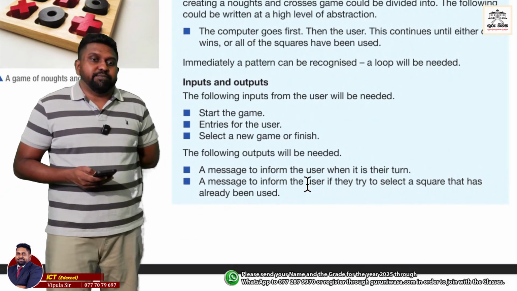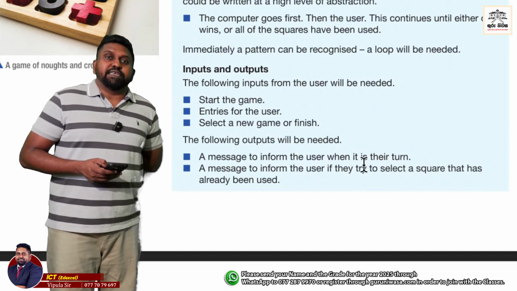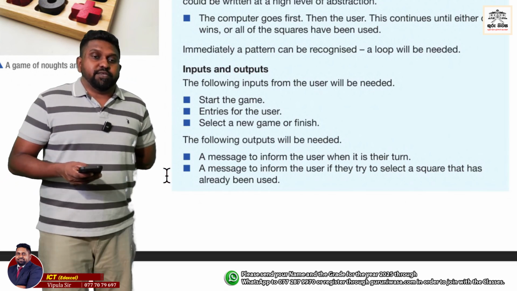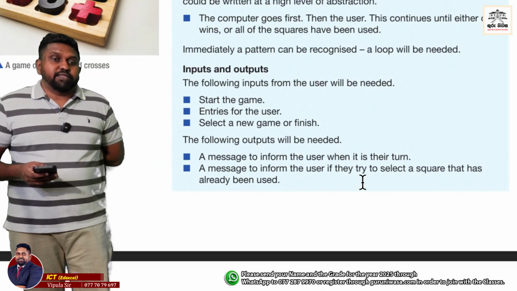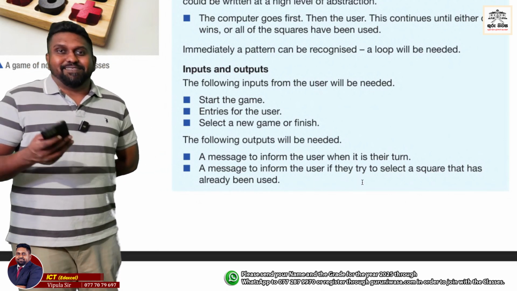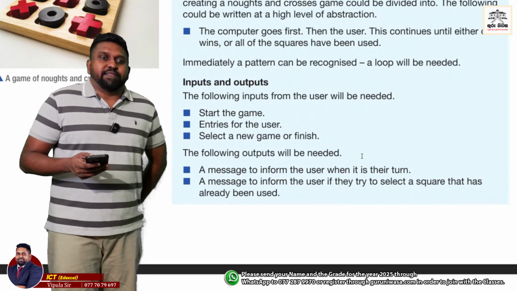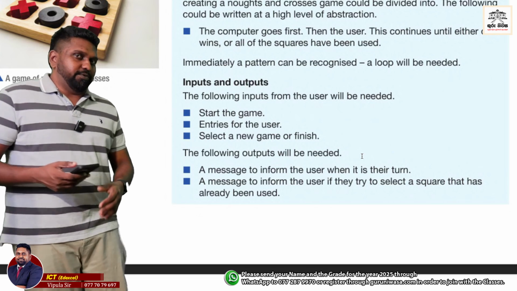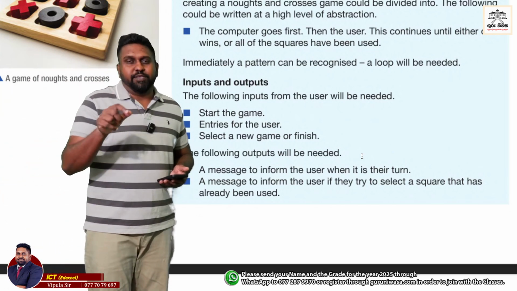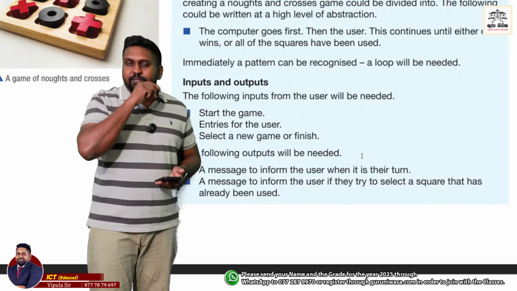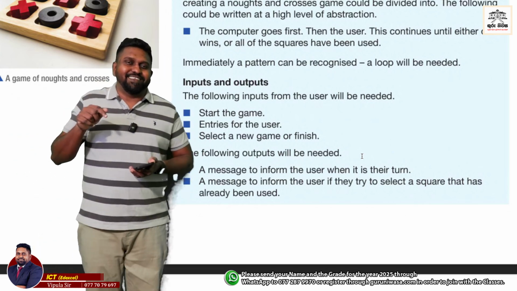So there can be messages. A message must be sent to inform the user when it's their turn, and there also has to be a message sent to inform the user if they try to select a square that has already been used. When you get the message, okay, now it's your turn, you will use the cursor or the device, or on a mobile app the touch, to highlight a square, right?